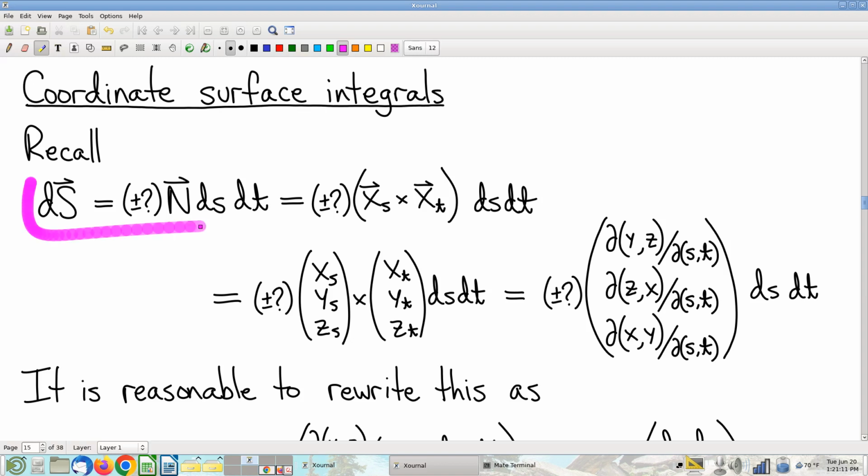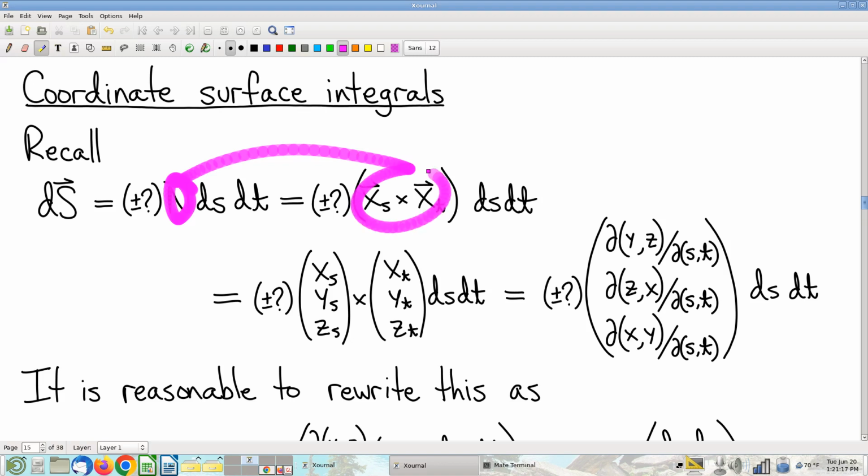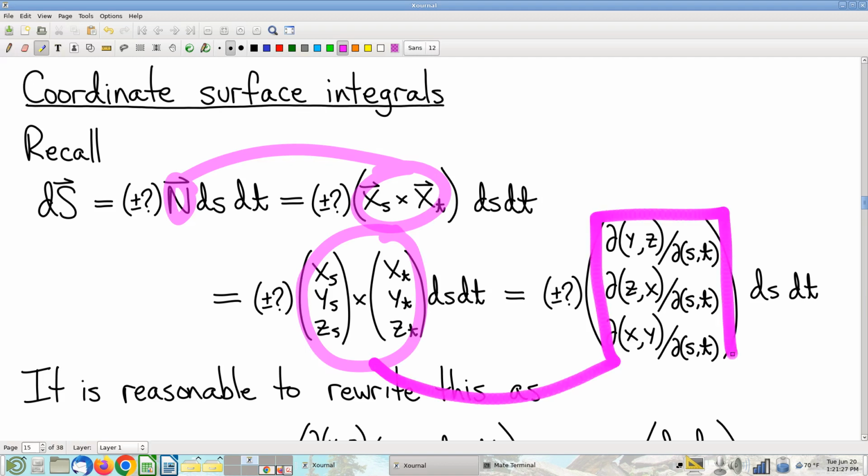Recall that formula we just talked about. Recall that the normal vector is this cross product, which I can rewrite by coordinates, and write down the whole cross product one coordinate at a time, and you get this.